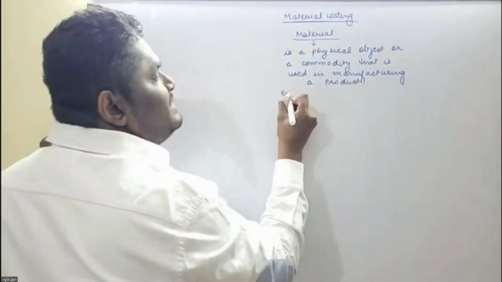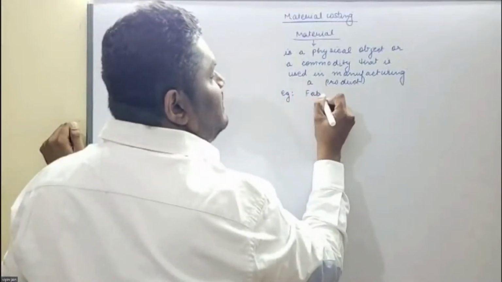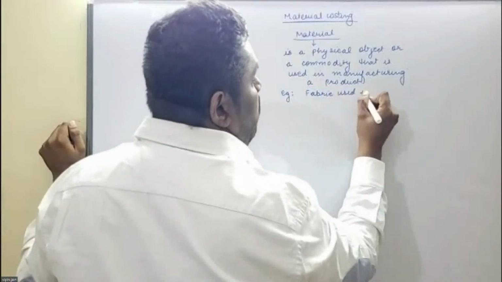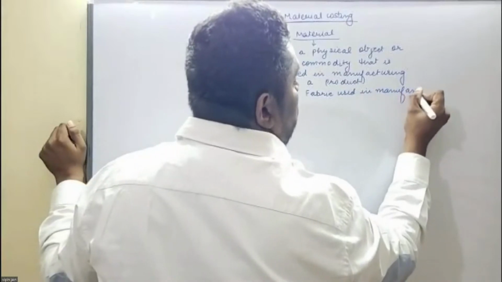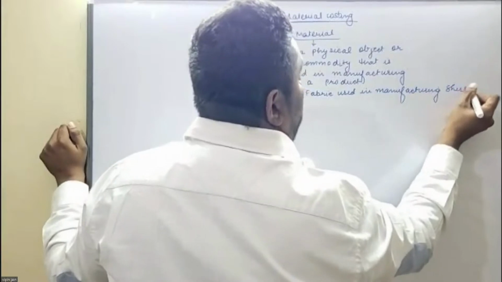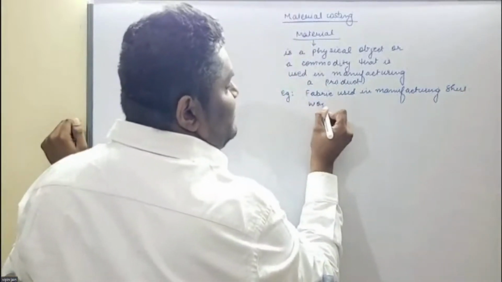When talking about the examples, fabric used in manufacturing a shirt, or we can say wood used in manufacturing furniture.